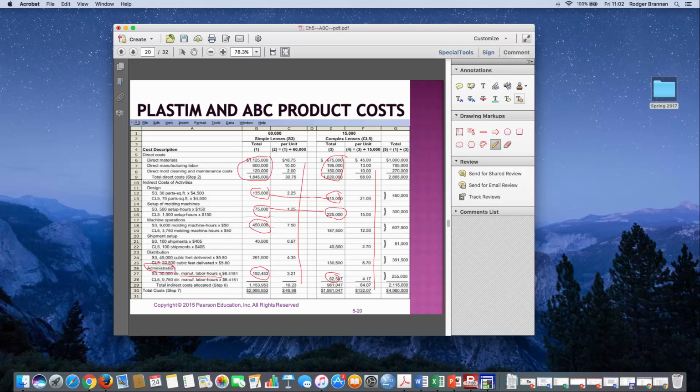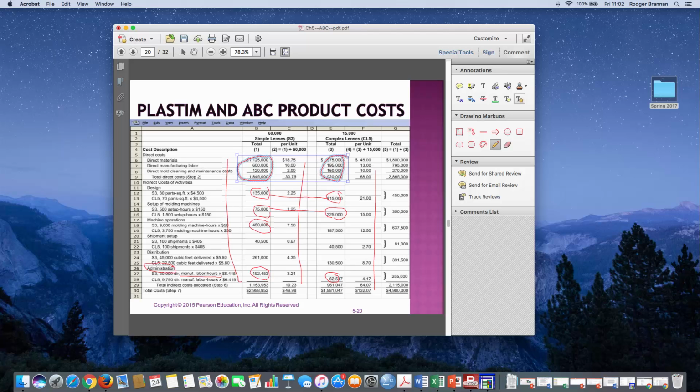If I can't put overhead into any other category, I make it a facility level cost. And then I find some convenient way, often labor hours or labor dollars, and I allocate the cost. So I come down and I say, okay, here are all of my total costs of $2,999,953.